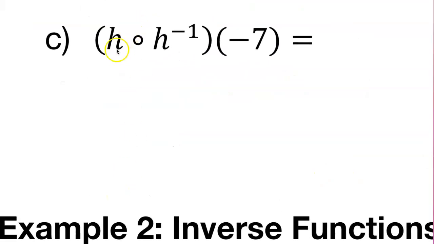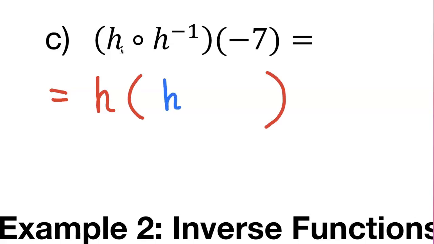What they're asking you to do is h of h inverse of -7. That's what they're asking you to do, okay? So you plug in -7 into its inverse function first. After that, the answer that you get, you put it back in the original function.